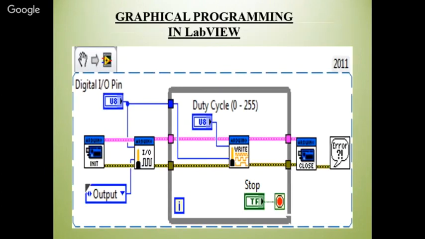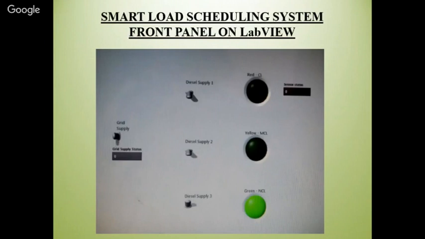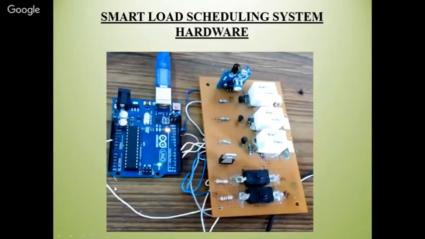In LabVIEW programming, you can check here whether the connectivity with LabVIEW is okay or not, whether the blocks are available or not, the input and output, and all the things you have to control. Now you can check the smart load scheduling system, a hardware application of embedded systems, in which we have a prototype system for the Homi Bhabha block, director office, and mass canteen.